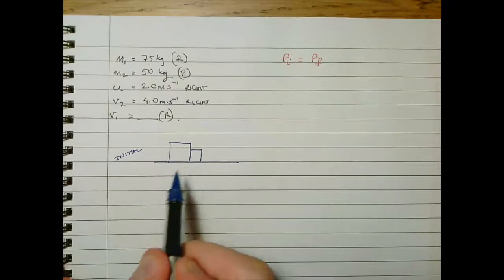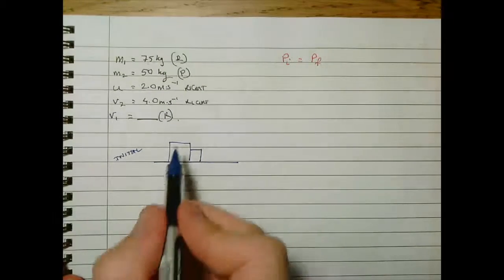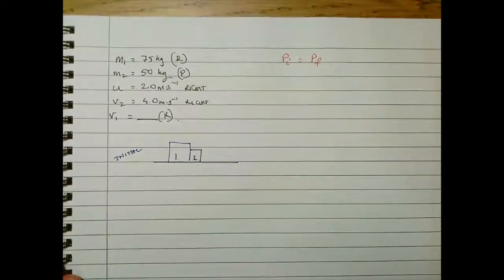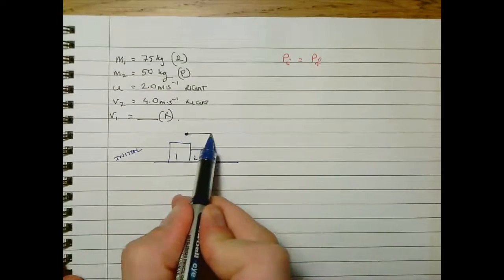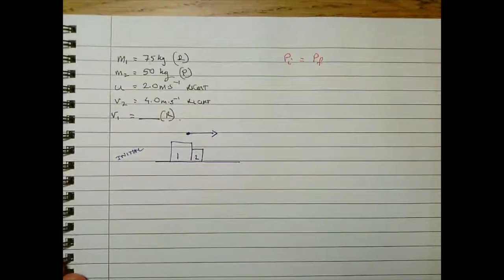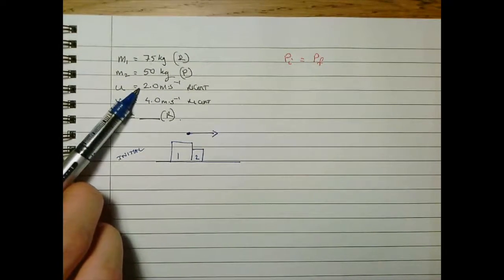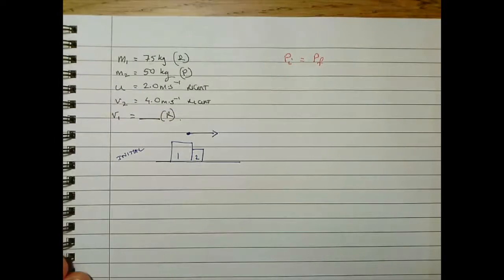I'll signify that with two different sized boxes and label them 1 and 2. They have the same initial velocity, as they're traveling together at the same velocity in the right hand direction.